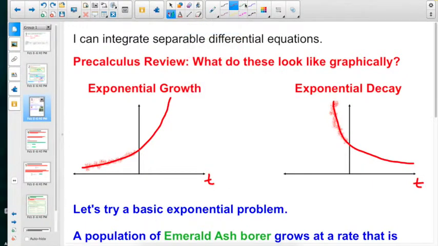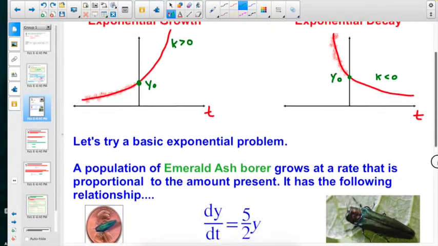Then we're starting the clock here, and so there's that initial value y sub 0. And then with our growth constant greater than 0, we see an exponential increase, and with our constant less than 0, we see an exponential decrease. So that's our pre-calculus review there.